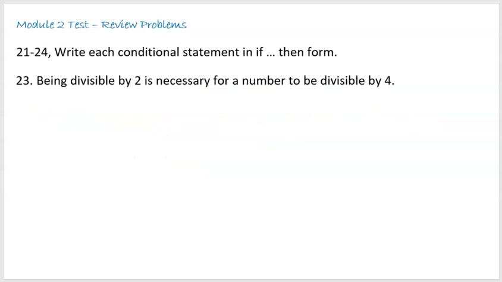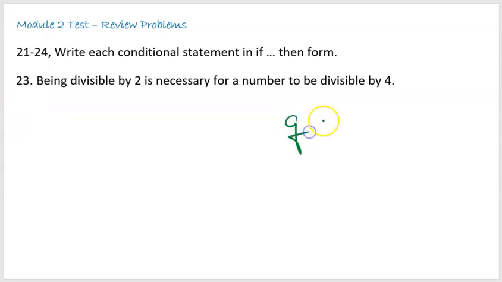Number 23, being divisible by 2 is necessary for a number to be divisible by 4. Now, this is, to me, one of the more confusing ones. And if I read you information, again, from page 117, about changing a conditional statement to if-then form, it says that Q is necessary for P. Let me write that down.